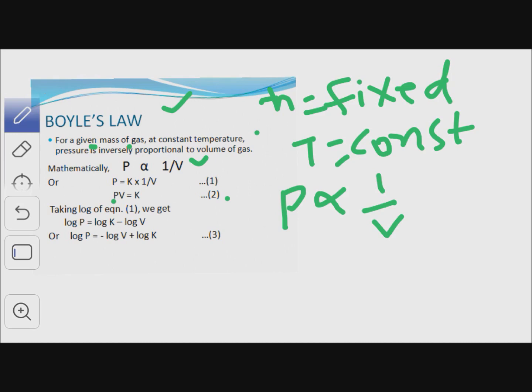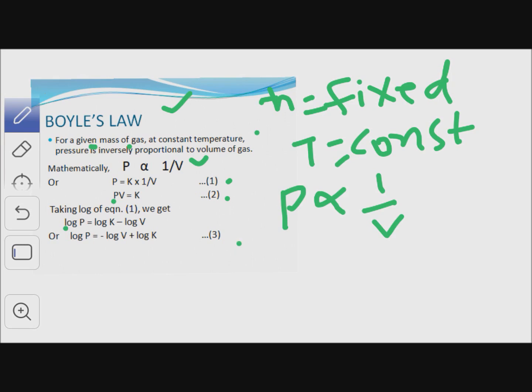By taking the log of equation 1, P is equal to K into 1 by V, we get log P is equal to log K minus log V, or log P is equal to minus log V plus log K. And this is equation number 3.